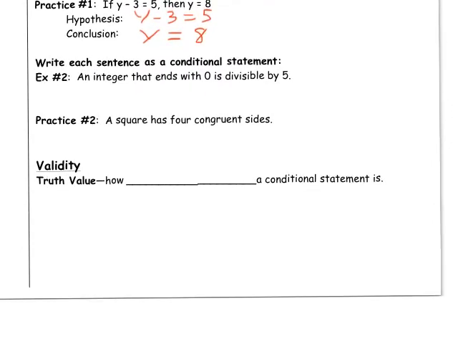Next says, write each sentence as a conditional statement. An integer that ends with 0 is divisible by 5. So we have to change this to an if-then statement. That's what they mean by a conditional statement.